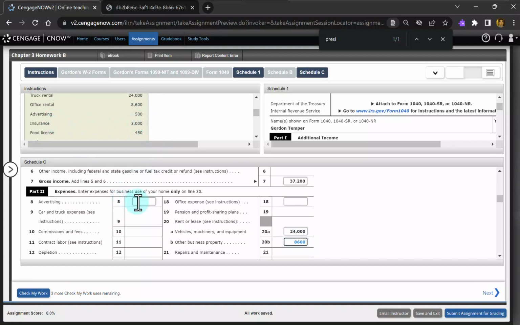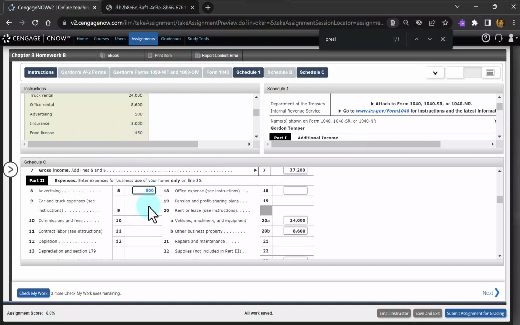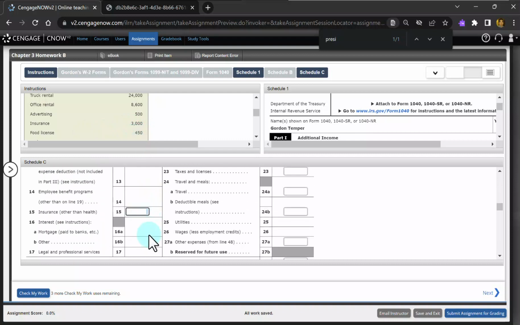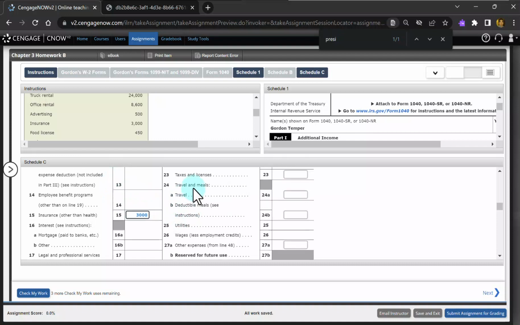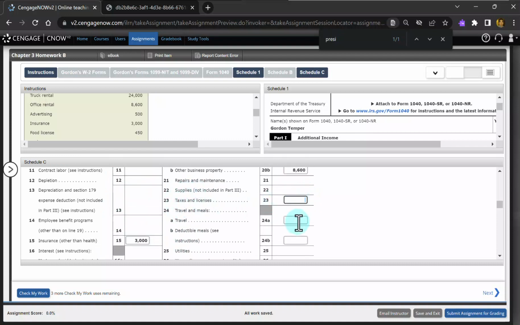And then advertising, here in alphabetical order, the first expense, 500. Insurance, that should be the next one down here, 3,000. Food license, that's tax and license category here in line 23, $450.